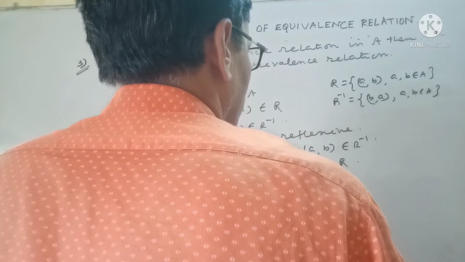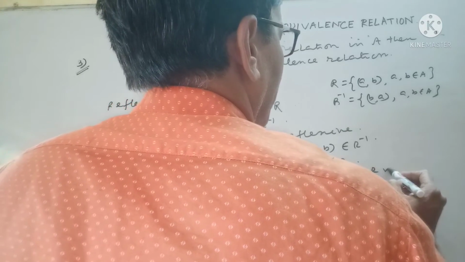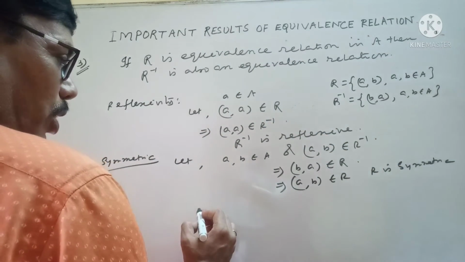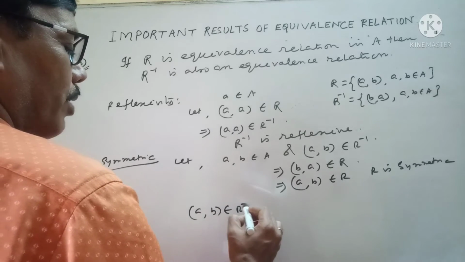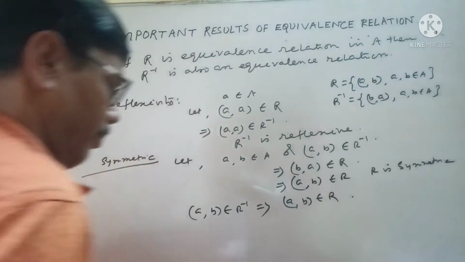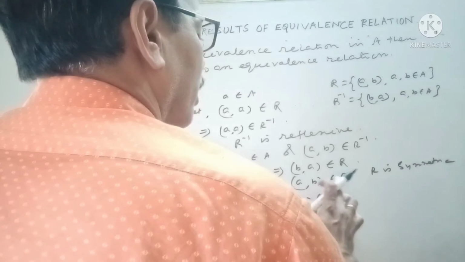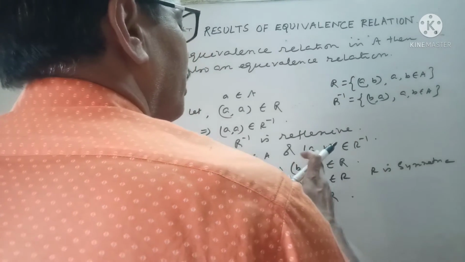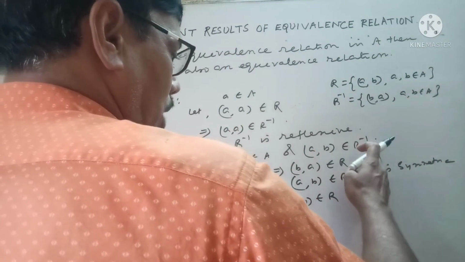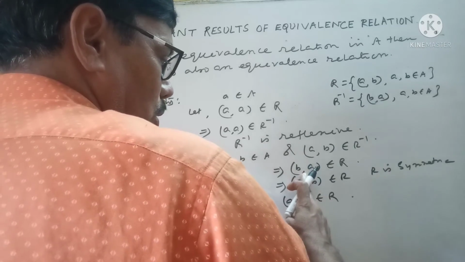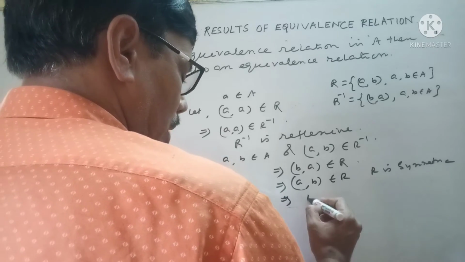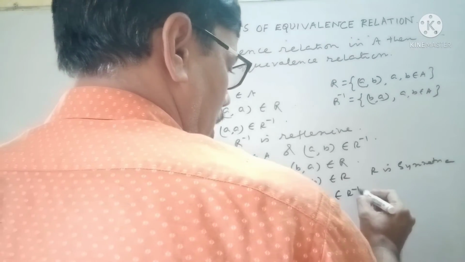So (a,b) belongs to R. Then (a,b) belongs to R implies (b,a) belongs to R inverse.